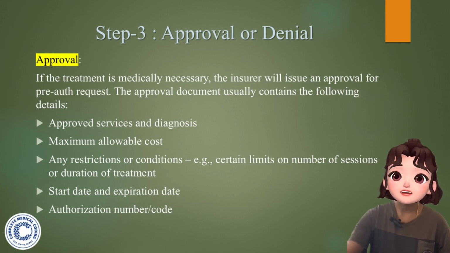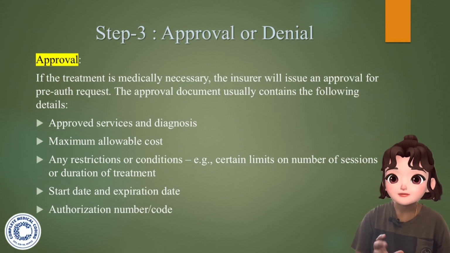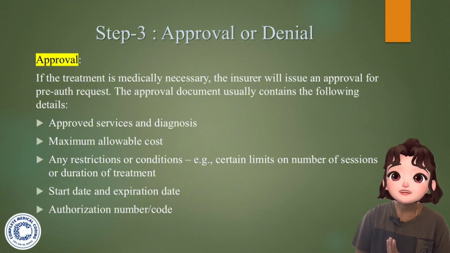Whatever the start date and expiry date of the approval, you have to check that always, because within that expiry date, the provider has to bill the claim. Otherwise, if we bill the claim after the expiration date, of course, the insurance company will reject the claim.